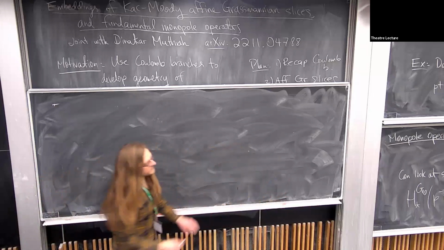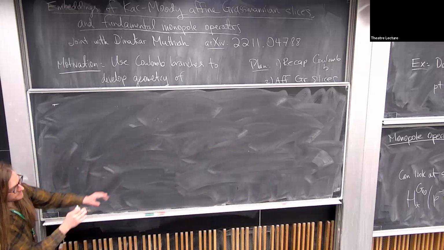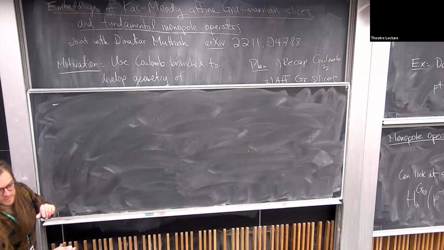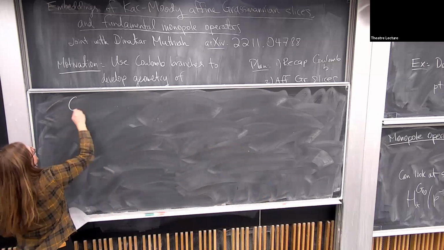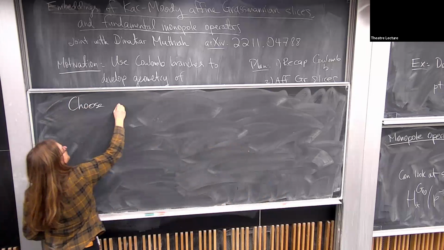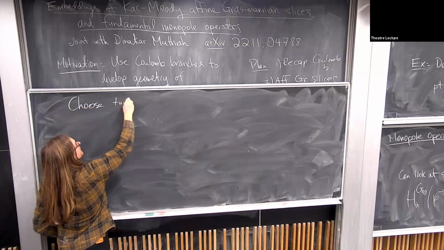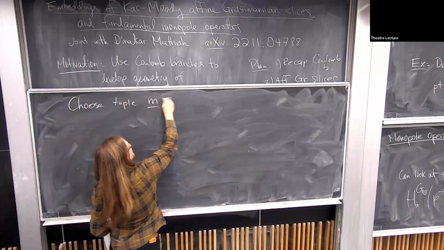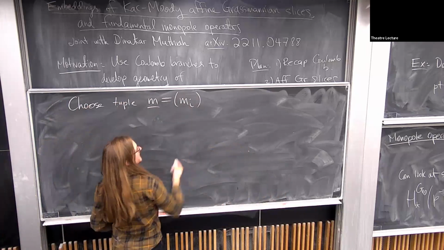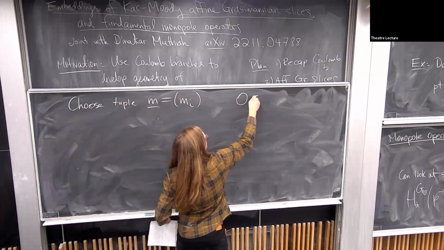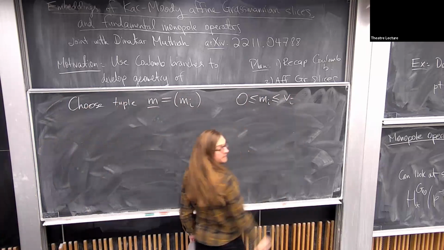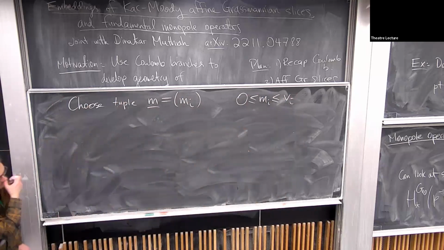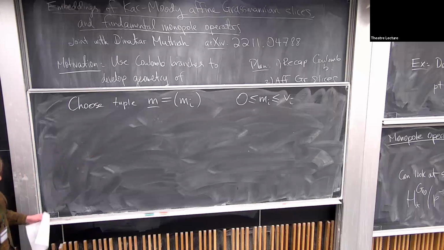So let's just be concrete. In this quiver situation, we're dealing with a bunch of GL_V's. So just to allow myself some notation, what we can do is choose a tuple. This isn't exactly a dimension vector, but it's a bunch of integers, where each of these is between 0 and V_i. These are the dimension vectors of our quiver.